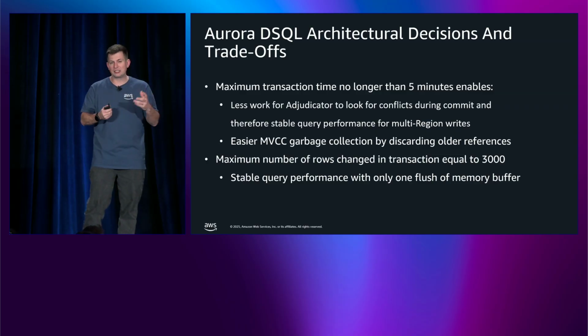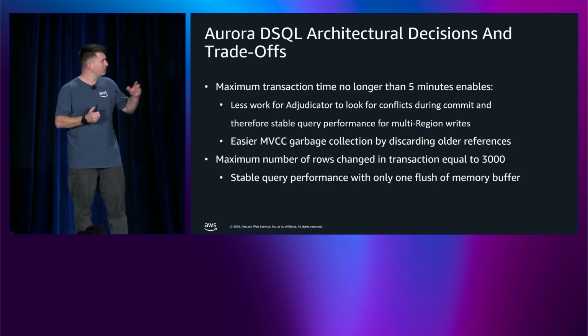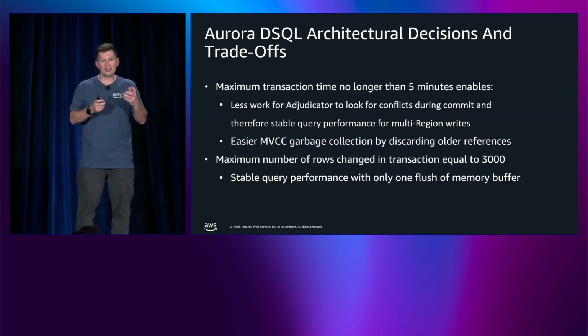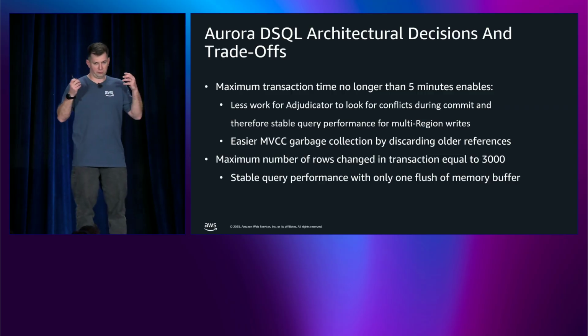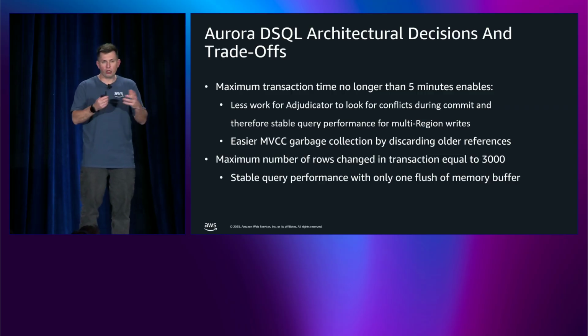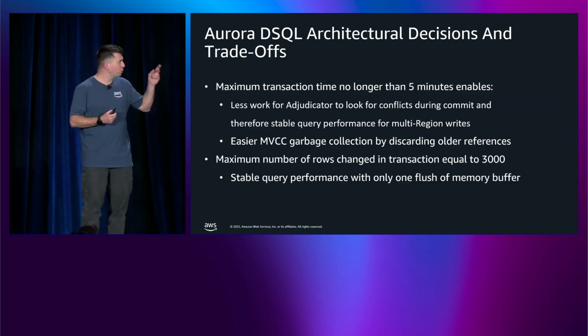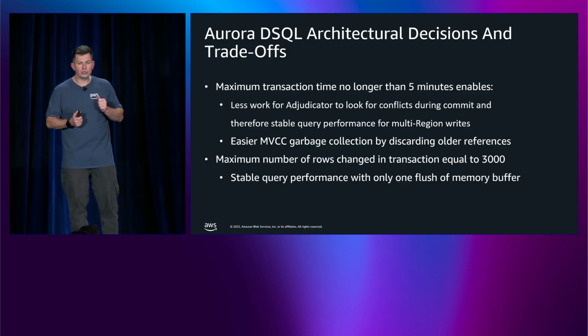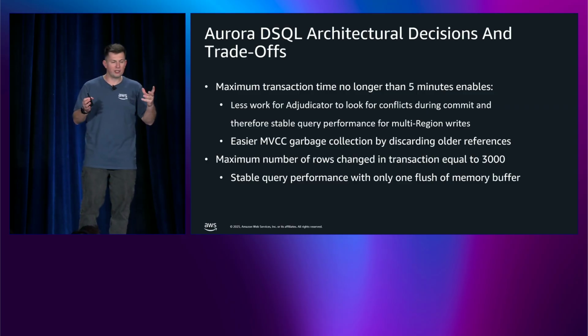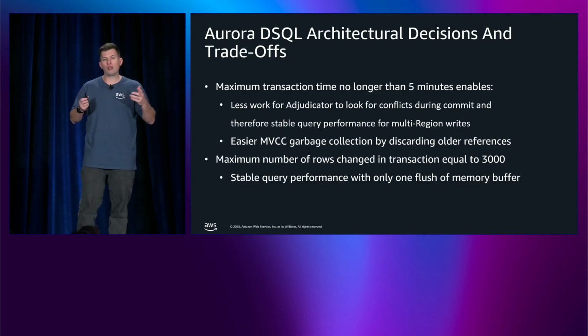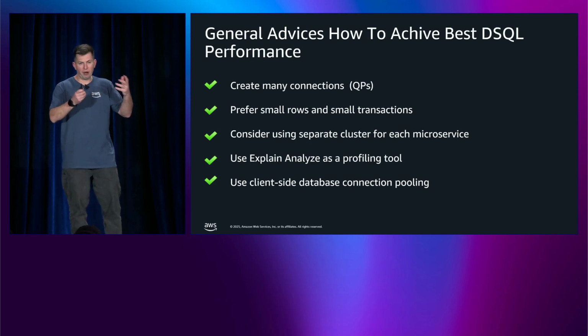It also helps us clean up resources using the garbage collector, which means we don't need vacuum by design because all the references will be cleared. And with the 3,000 rows that can be changed within a transaction, we have stable performance with only one flush of the buffered memory.